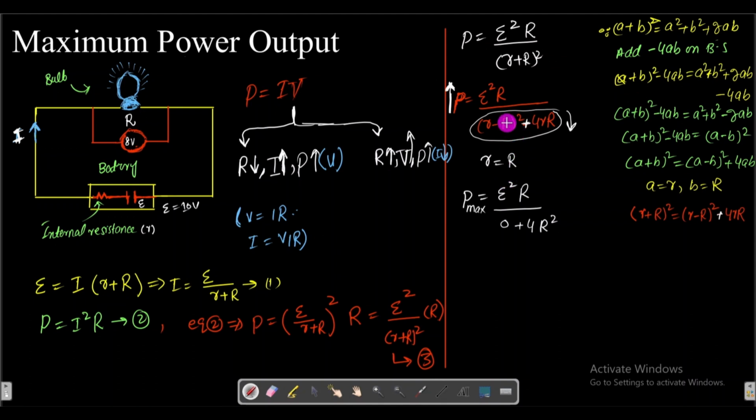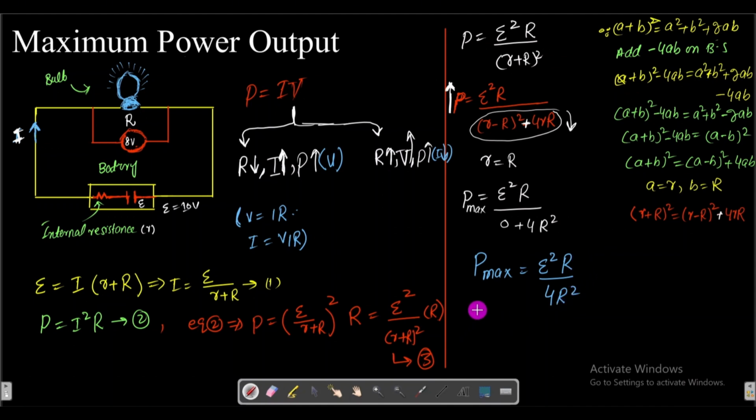In this case we reduce this denominator by eliminating the term r - R, by putting r equal to R. Therefore this power will be increased, and I write P maximum is equal to the electromotive force squared into R divided by 4R². So P maximum now becomes electromotive force squared into R divided by 4 into R squared.